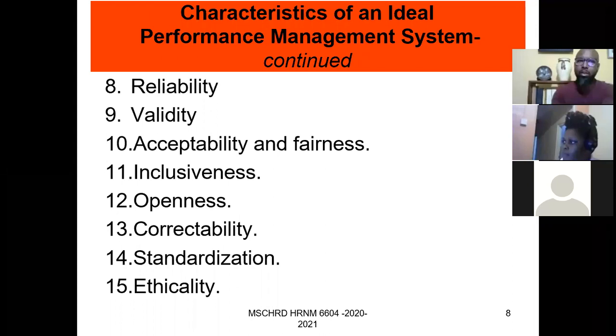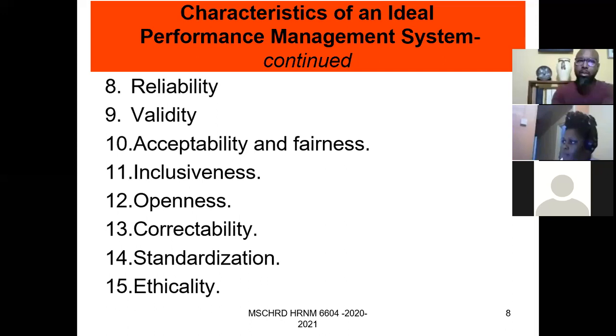And the supervisor cannot observe you each day. Therefore, the collection of information on your performance may have to be different, which means that the existing system and even how the goals are set may have to change. So the system should have some flexibility so that if you have to make a change to it, you can make a change. You don't have to abandon the whole system, okay?